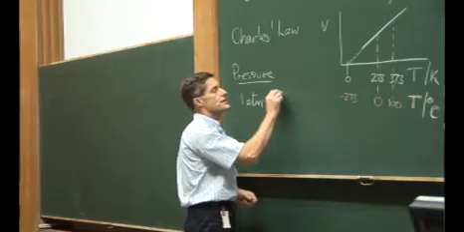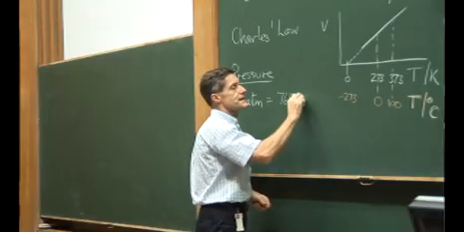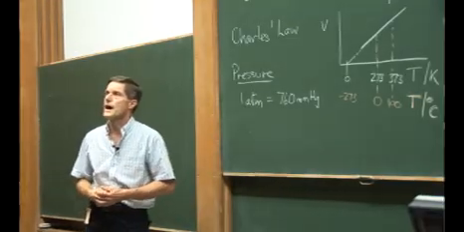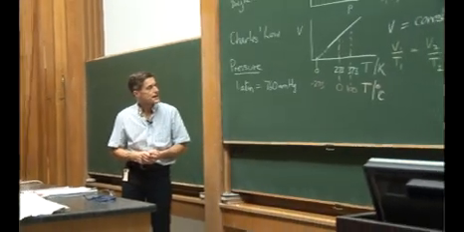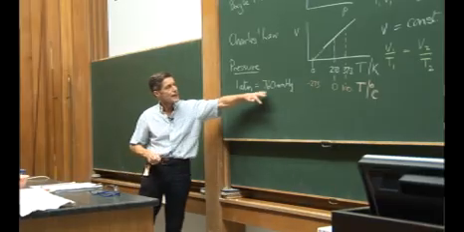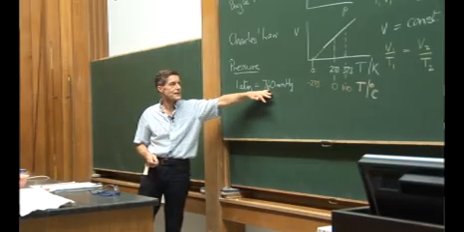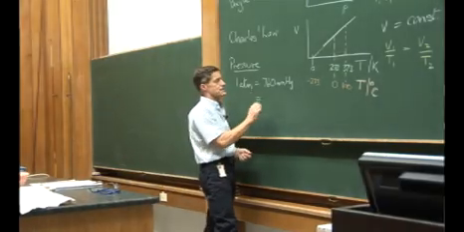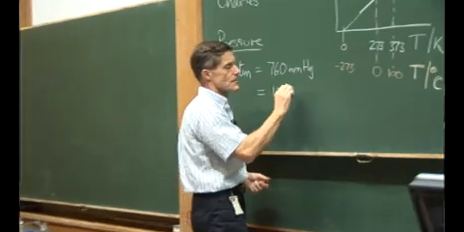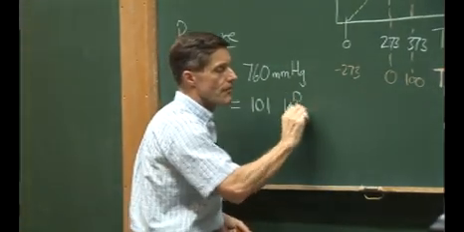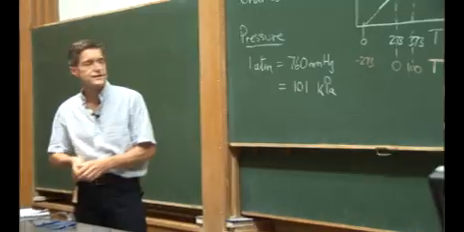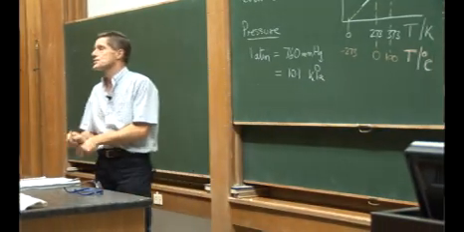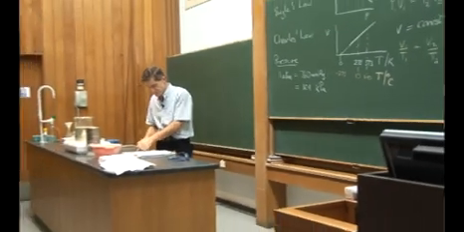We can use millimeters of mercury, which relate to measurement of the pressure using a manometer, and 1 atmosphere is 760 millimeters of mercury. Or we can use kilopascals, which is now the preferred unit of pressure, and 1 atmosphere is 101.2 kilopascals.